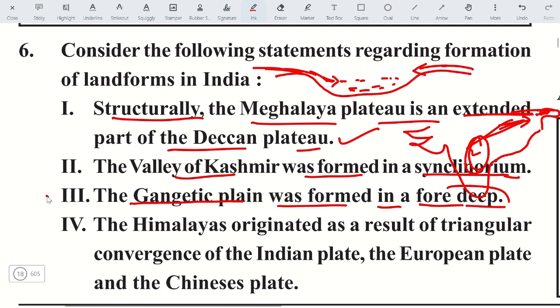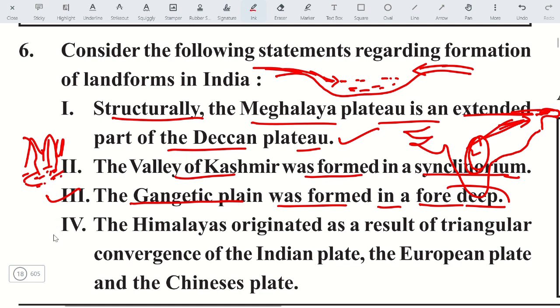It is also correct, because during the formation of the Himalaya, rivers came from the Himalaya and deposited their alluvial soil in this plain area, and due to this deposition, the plain area of northern India was formed.